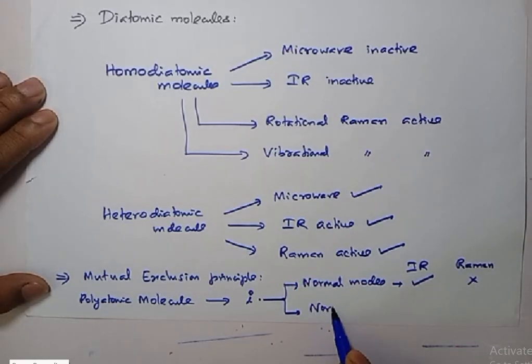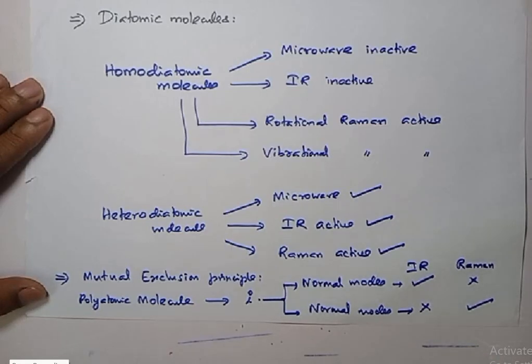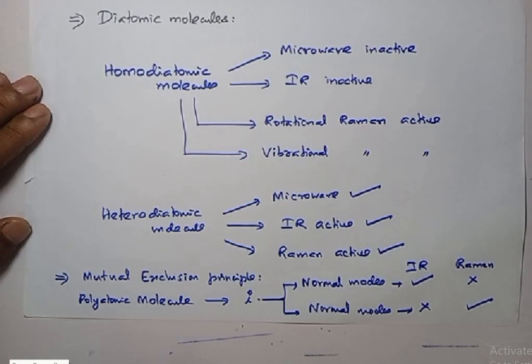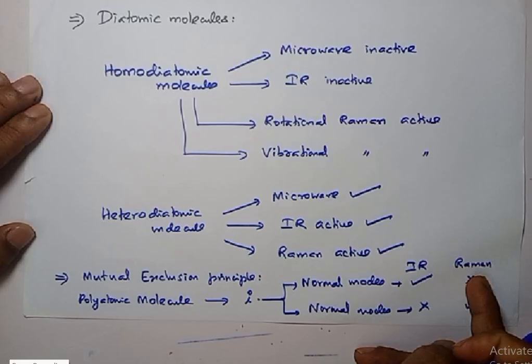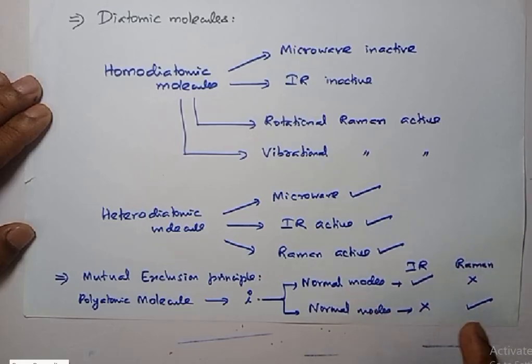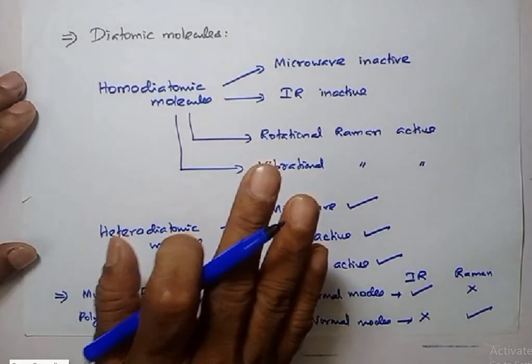Similarly, the normal modes of vibrations which are active in Raman are IR inactive. This is what we call the mutual exclusion principle. The vibrations which are active in IR are Raman inactive, and the vibrations which are active in Raman are IR inactive. Keep this in mind, very, very important.